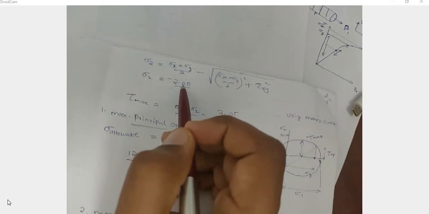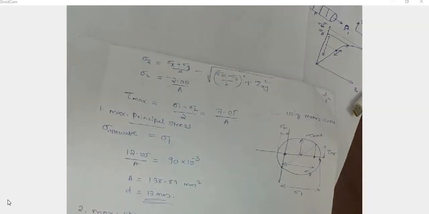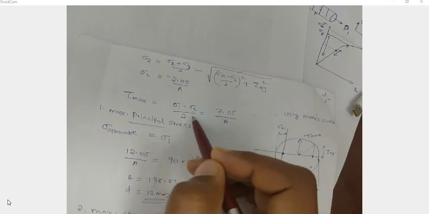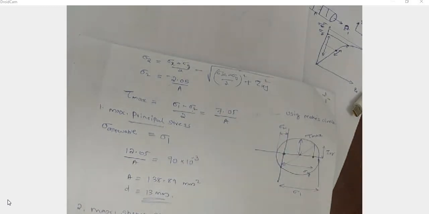So from this again we can calculate minus 2.05 by A. So tau maximum is equal to sigma 1 minus sigma 2 by 2, that is equal to 7.05 by A.